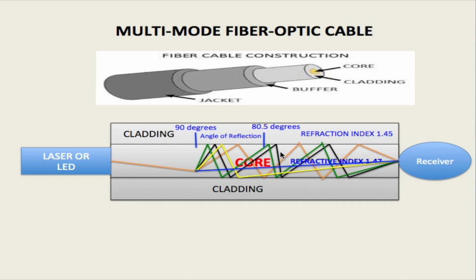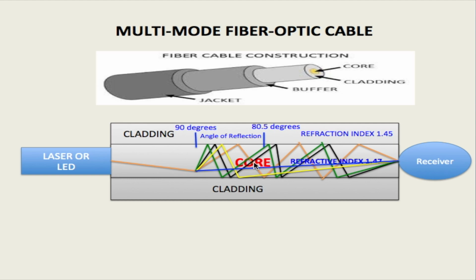The angle doesn't change. The second one will have a different angle, and that angle will be maintained all the way to the receiver. So all of the different paths that are generated will all have different angles. You would even have a direct path right from the angle of refraction right through to the receiver as well.